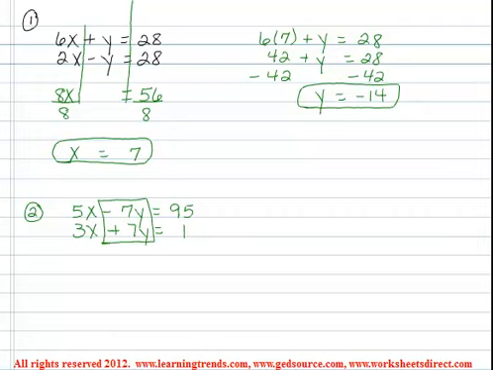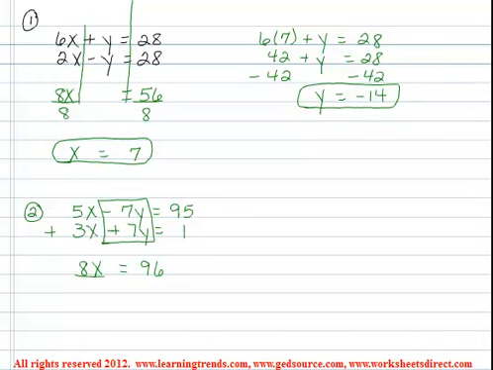So those will cancel out and we will add the other term. Just like we did with number 1, we're adding those. 5x plus 3x gives us 8x. Negative 7y and a positive 7y cancel each other out. And 95 plus 1 equals 96.